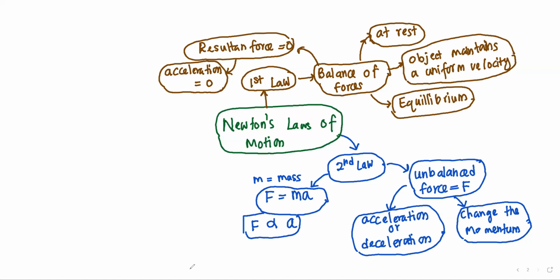If you decrease the resultant force, the acceleration decreases. Another thing is that acceleration is inversely proportional to the mass. Higher the mass, lower the acceleration. This also expands into another law, which we call Newton's third law.